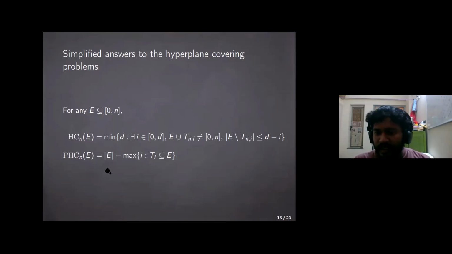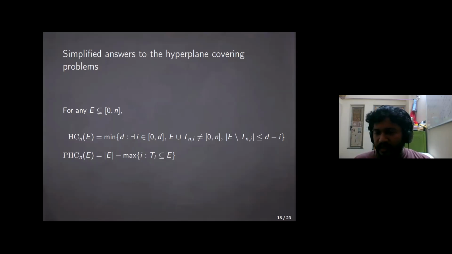What happens to the Alon-Furedi case? In the Alon-Furedi case, let's say we are excluding the all zeros point. So the layers included in E are 1 to n, right? So which Ti is contained in E? No Ti is contained in E because Ti always is a union of an initial segment and a final segment. So it must contain 0 and n, right?